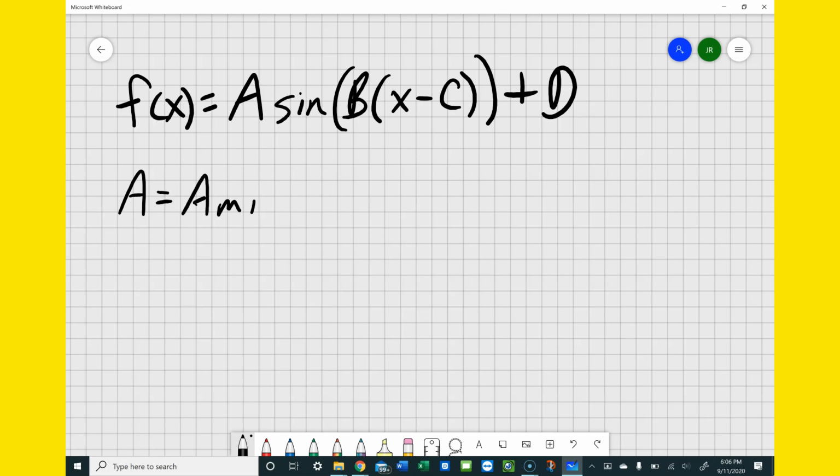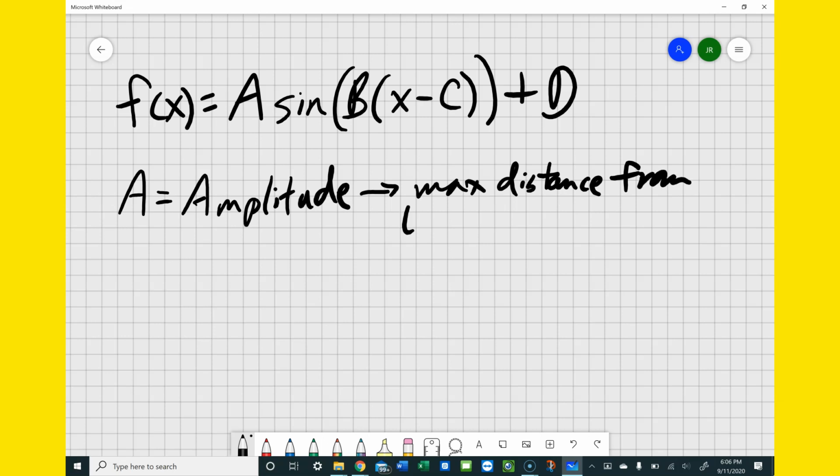So A is the amplitude, which for the graph, you could define two ways. The way I like to define it is the maximum distance from the center line.